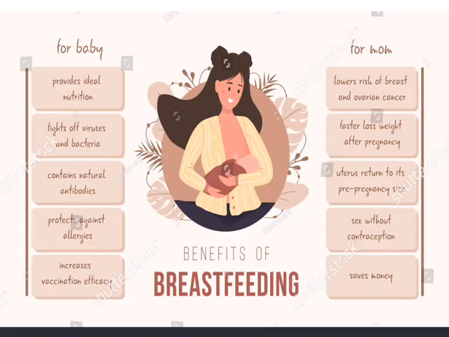For the mother, there are also advantages in breastfeeding. Women who are nursing longer than 6 months sometimes will not ovulate and therefore will not get pregnant. But there are also other things that could happen.